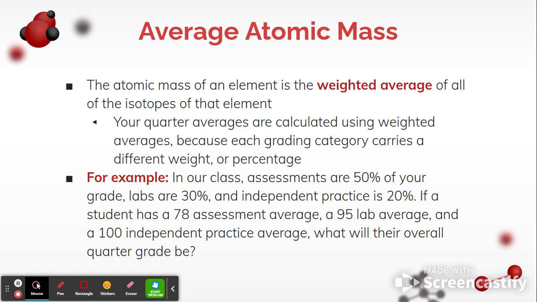However, if you were to compute the weighted average for that class, you would have to consider the weight that each assignment has, as an assessment will have a greater weight on your average than a lab, which will have a greater weight on your average than a homework.